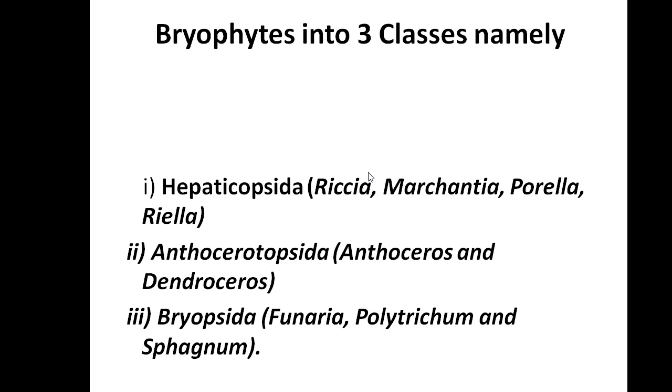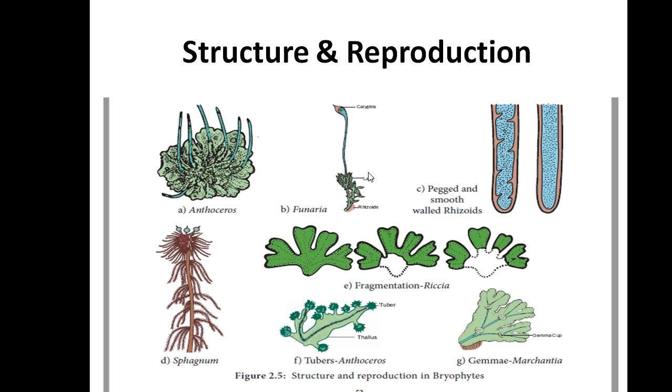Bryopsida examples: Funaria, Polytrichum, Sphagnum. Anthocerotopsida examples: Anthoceros and Dendroceros. Hepaticopsida examples: Riccia, Marchantia, Porella, Pellia. These are the examples and 3 classes of the bryophytes. These 3 classes are very important; regularly they will ask them in 2-mark or 3-mark questions.